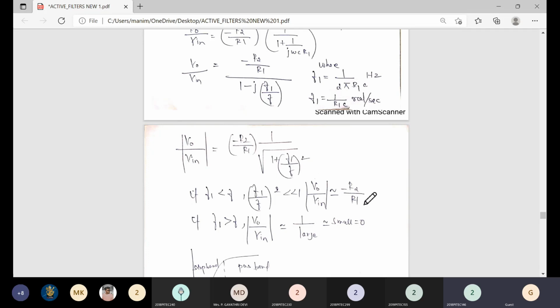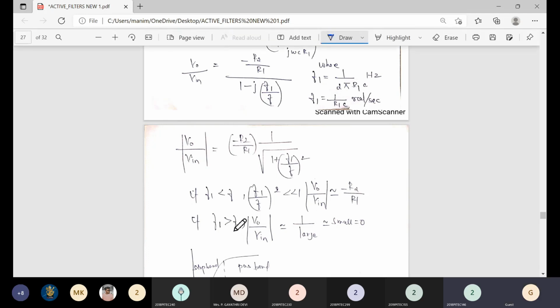That is the higher frequency case. At high frequency, the output voltage V0 is approximately equal to minus R2 divided by R1 into the input voltage. Then consider the case where F is lower.